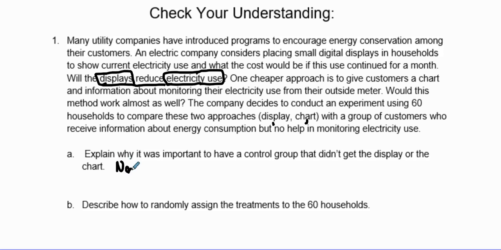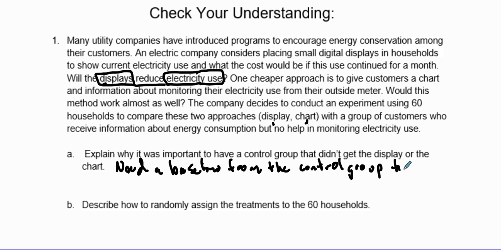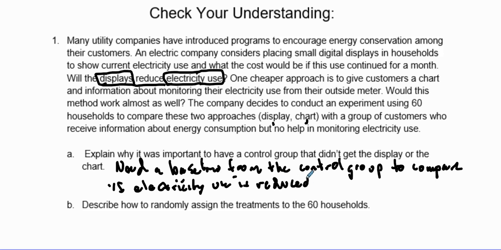Need a baseline from the control group to compare if electricity use is reduced using displays or a chart. Okay, and that's what we're trying to really figure out. Do any of these actually work?